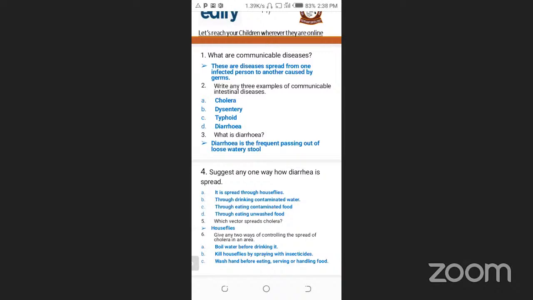Then number three, you can also wash hands before eating, serving, or handling food. Before you eat food, before you serve food, and even before you handle food, make sure you wash your hands.